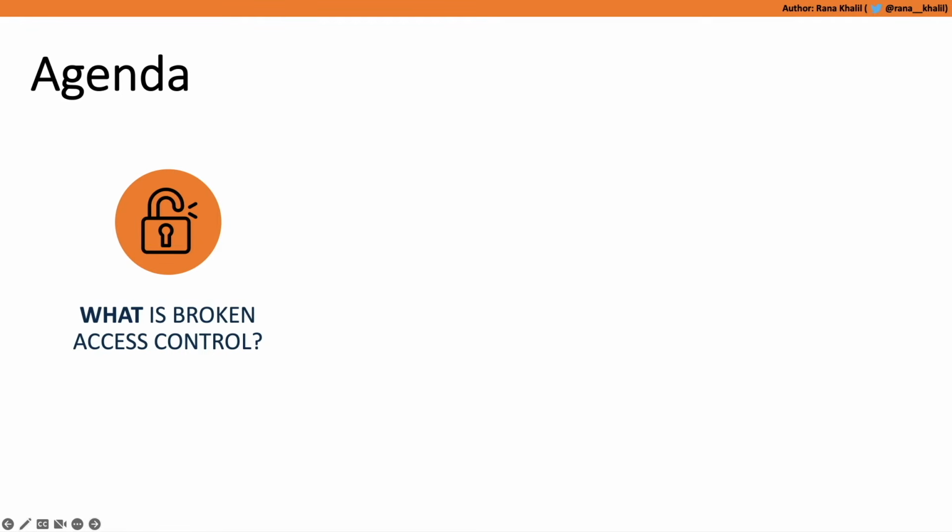Alright, let's get started. The agenda for today is to first cover the technical details behind access control vulnerabilities. So what is an access control vulnerability? What are the different types of access control vulnerabilities? How common are access control vulnerabilities? And so on. Next, we'll cover how to find access control vulnerabilities from both a white box and a black box perspective.